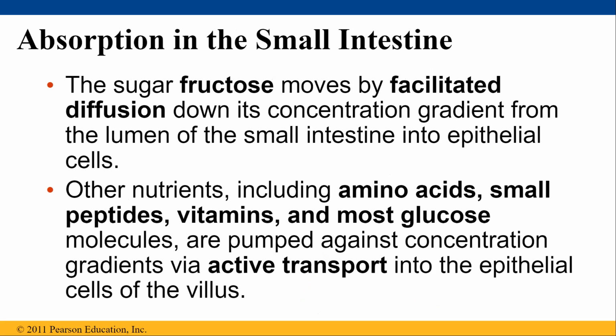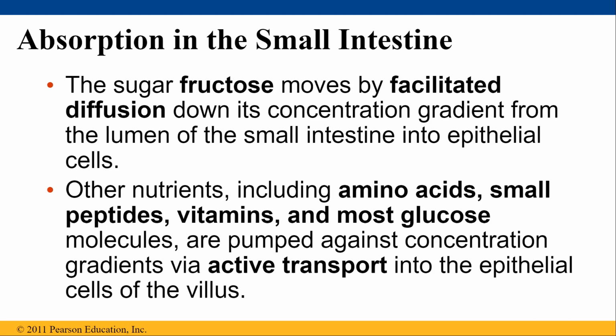And when we look at moving things across the membrane, some things move in with facilitated diffusion, some things move in with active transport. So different molecules are going to get into the cells that are lining the small intestines either through facilitated diffusion, simple diffusion, or active transport, depending upon the concentration, things like that. So fructose is going to move through facilitated diffusion down its concentration gradient.